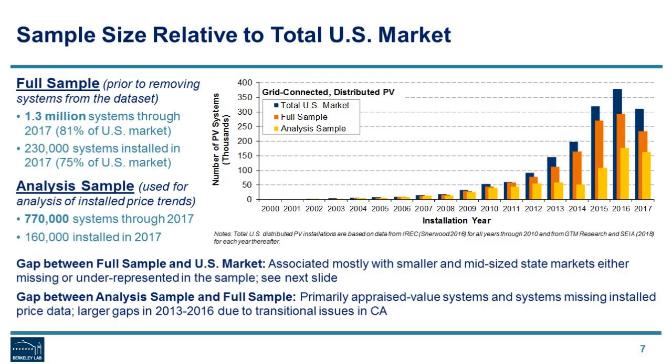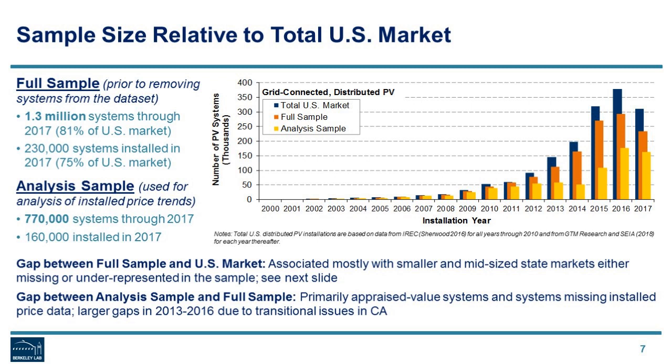So here's where you can get some sense for the size of our data sample and how that compares to the larger population of systems installed in the U.S. What we call the full sample, those are the middle orange bars in the figure, is what we have prior to removing any systems from the data set. So prior to scrubbing out the integrated TPO systems and prior to removing systems that are missing installed price data, for example.